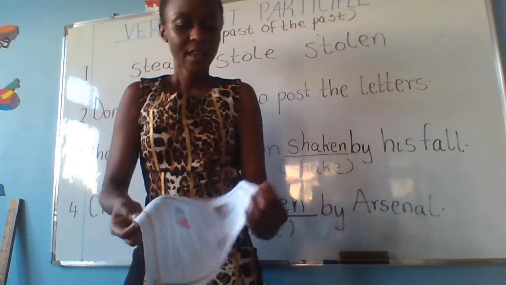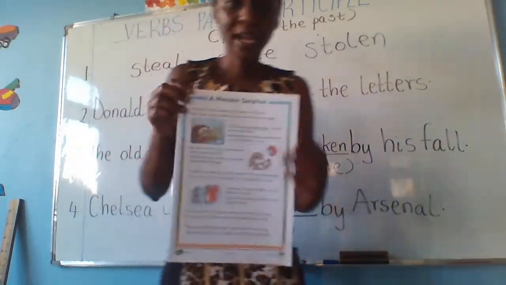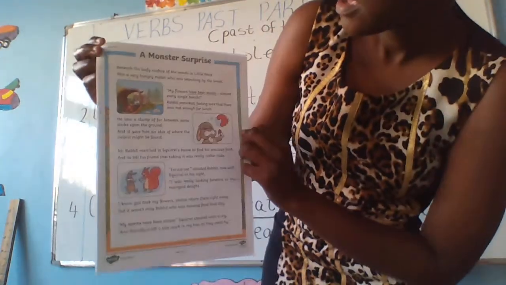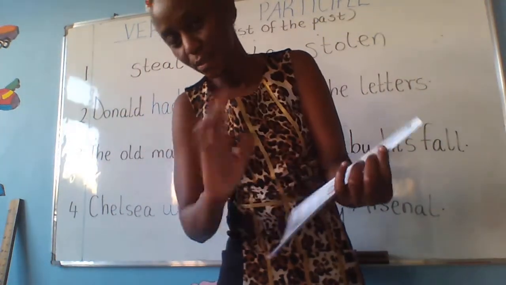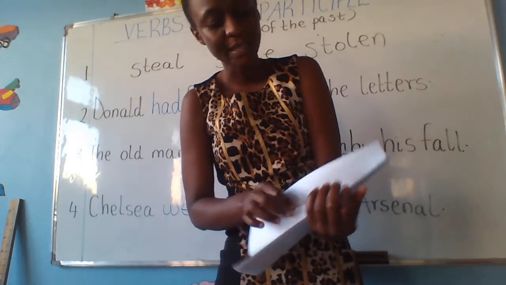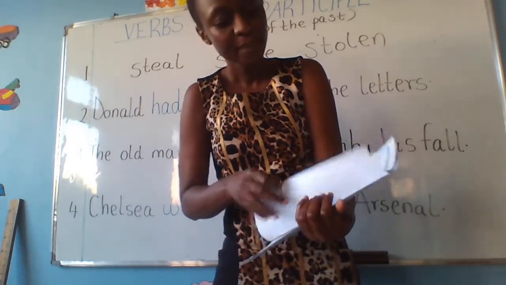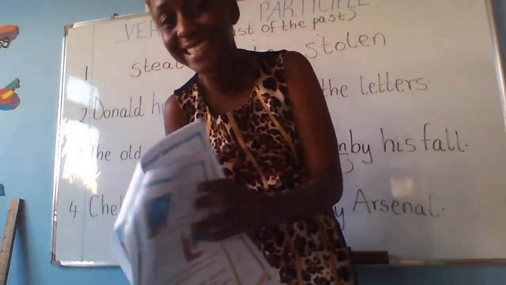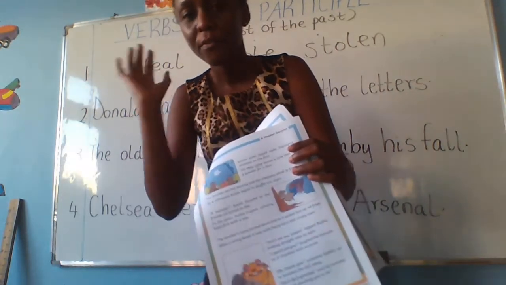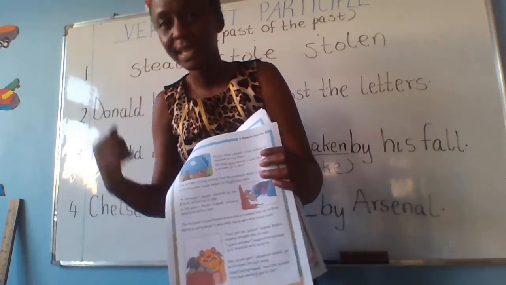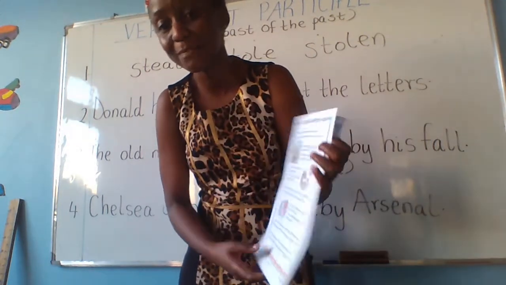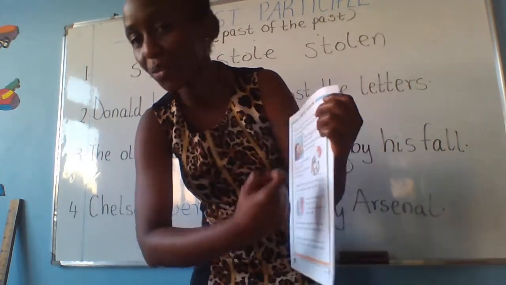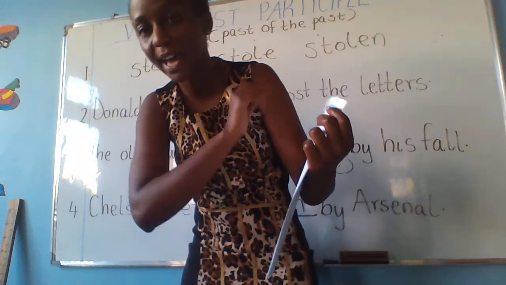Now, in your reading, you come across this story, A Monster Surprise. It's quite a long story, but you can just take your time in reading it. When you come across any verb that is in past tense, underline it. Or if it's written in past participle, just take a ruler and a pencil or your pen and underline.